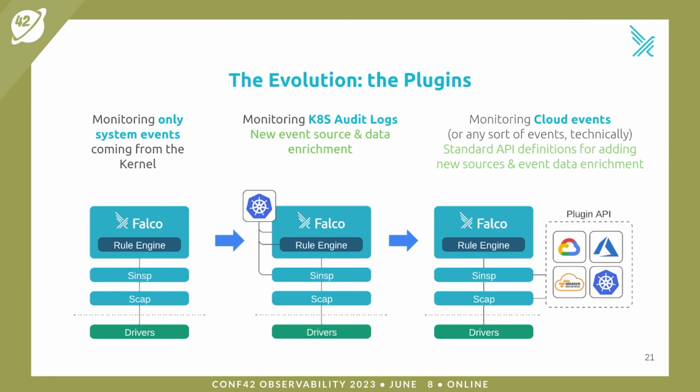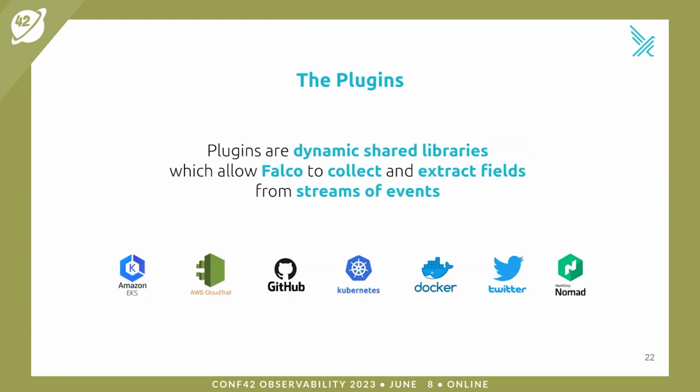By events, we often think about logs, for example. So plugins are shared libraries used by Falco to collect and stream events. Right now, we have plugins to collect Amazon EKS audit logs, to collect GitHub webhooks, Docker events, and even Nomad events. We developed this plugin with HashiCorp.